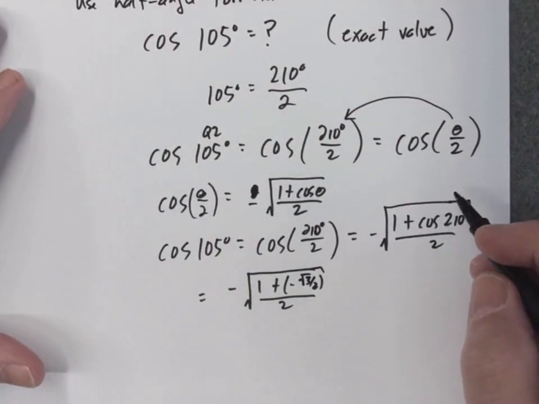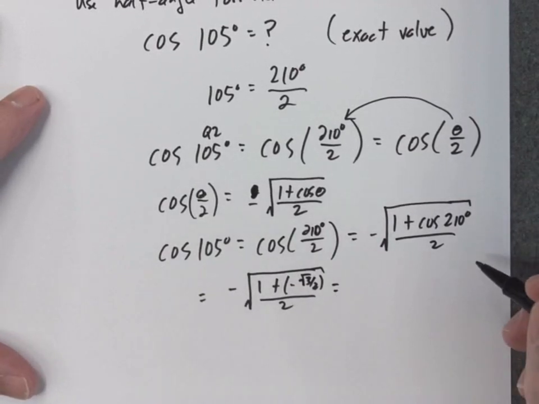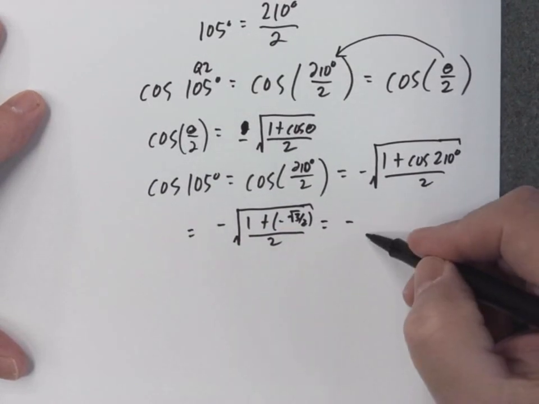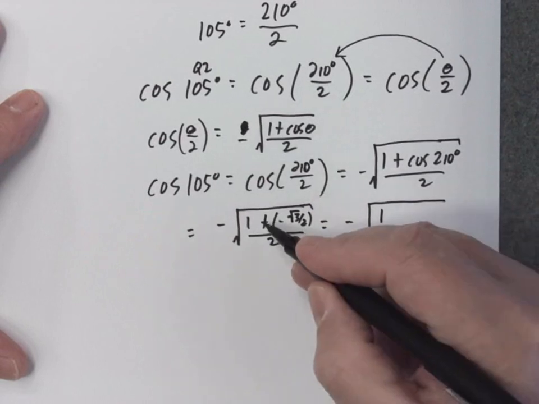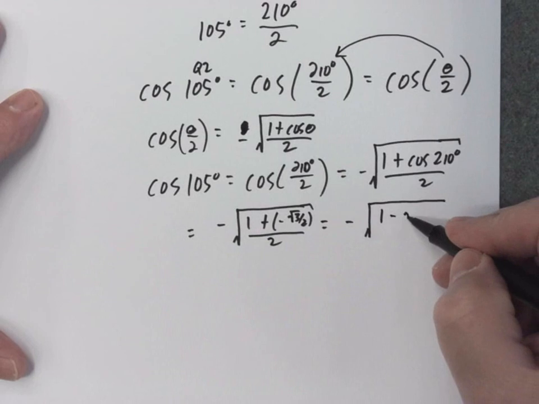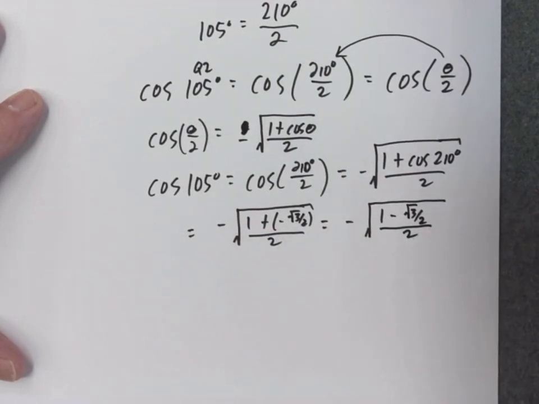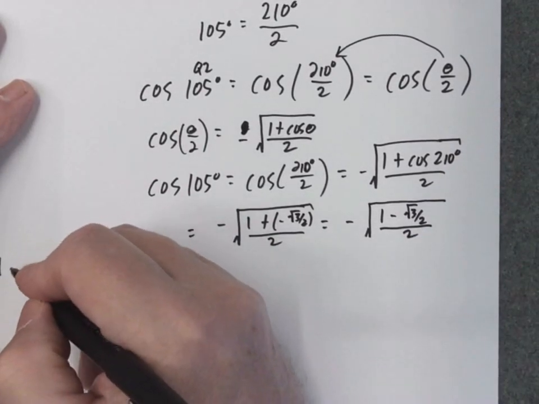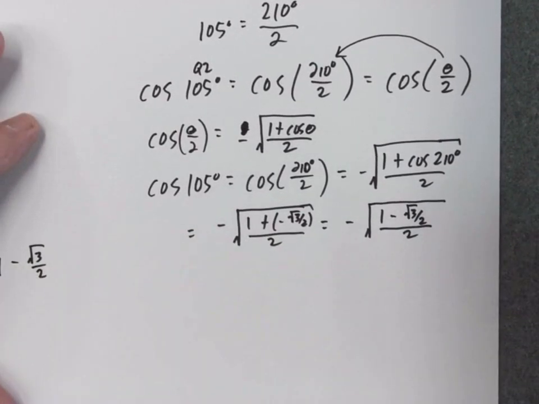So now I need to do simplifying, because they're not going to want an answer like this. So now it's like algebra. So let's do this. I will try not to skip any steps. So 1 plus a negative square root of 3 over 2, let's just rewrite that as 1 minus square root of 3 over 2, all over 2. I'm going to now combine these into one fraction.